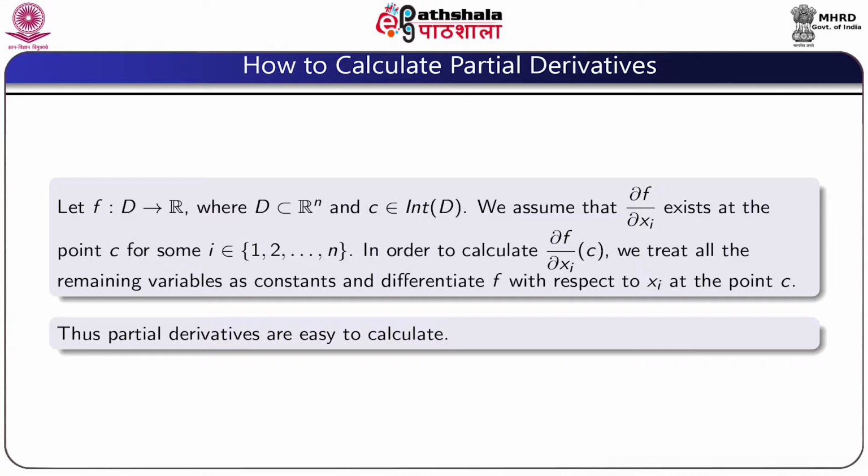From the definition of partial derivative, it is clear that in order to calculate ∂f/∂xi at the point C, we treat all the remaining variables as constants and differentiate f with respect to the variable xi at the point C. So, we find that partial derivatives are easy to calculate.